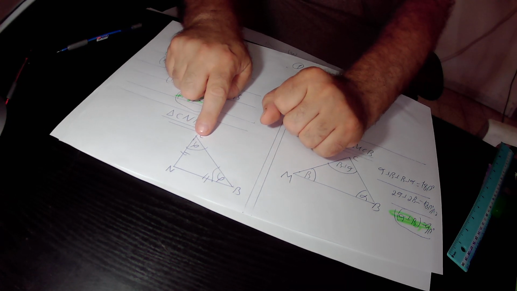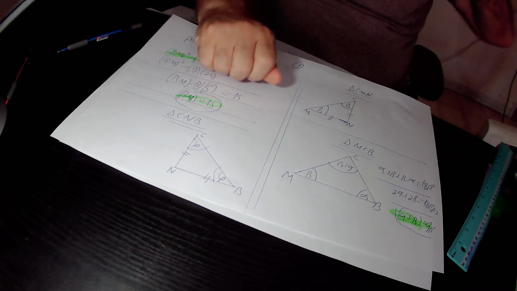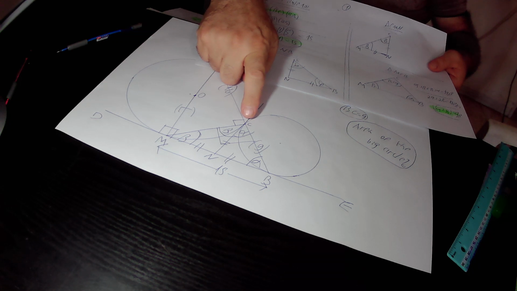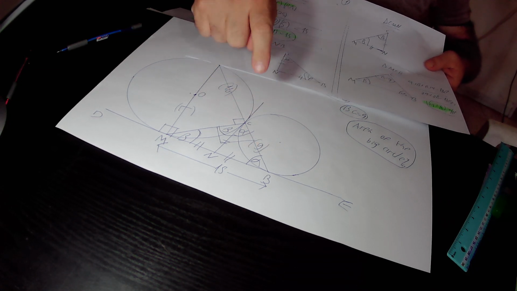So if the size of this angle is alpha, then the size of this angle must also be alpha. So angle NCB is equal to alpha, and angle CBN is also equal to alpha.